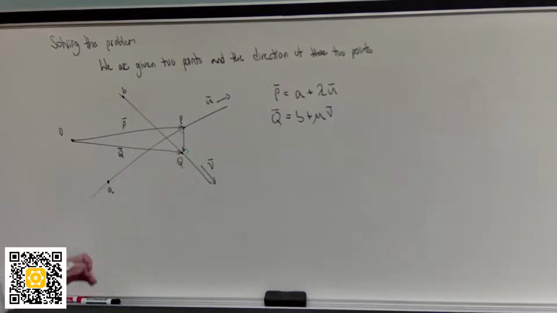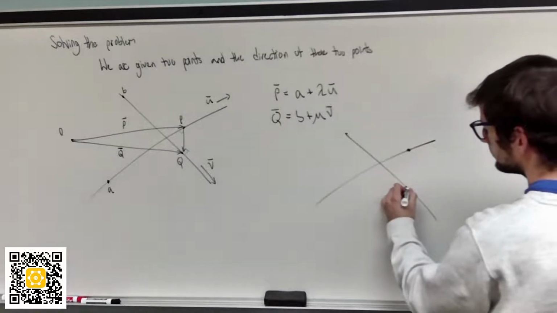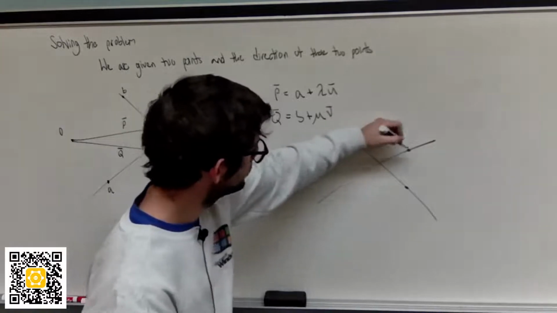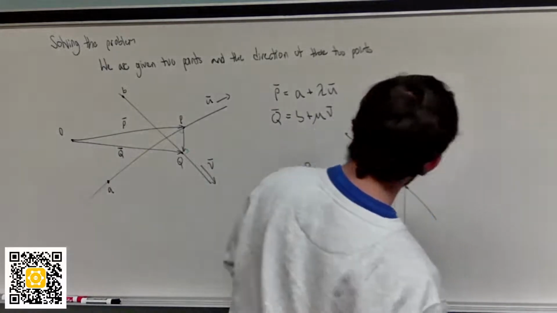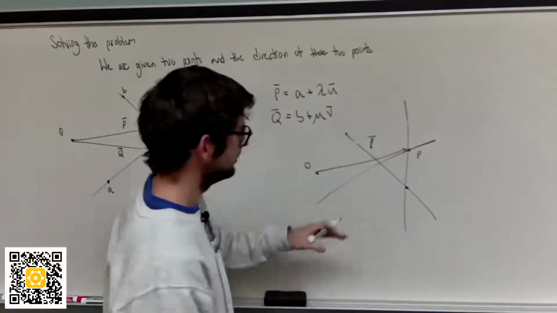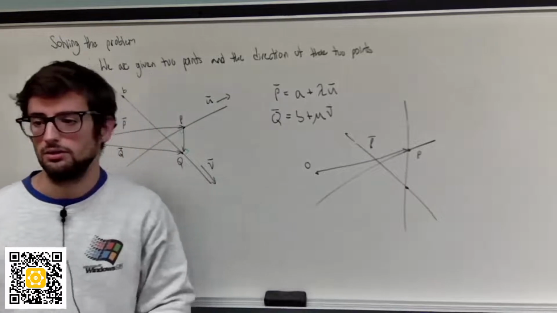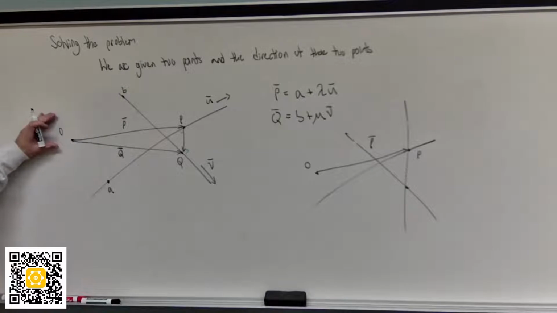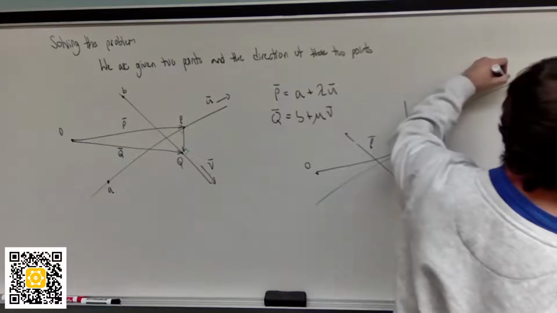Another way you can look at it, in case the whole PQ is confusing you: this is our origin, and let's assume we know the line the P sits on. If we assume its line, then using the P vector, we can then figure out the Q vector. Which is why we're bringing back this property that we previously saw when we were just studying one line.